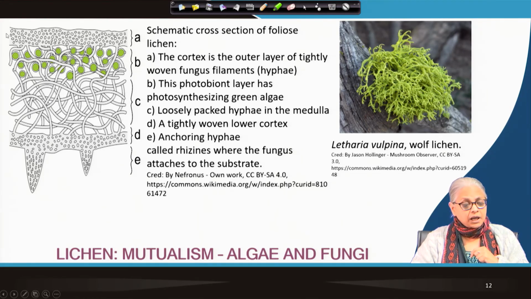So here you have the top layer. The top layer is the cortex, and it has fungal cells which have hyphae, and these hyphae are going deep down. In the second layer, or sometimes even at the top, you will find algal cells. That is the photosynthesizing green algae. Now, what is the advantage of having algal cells at the top?